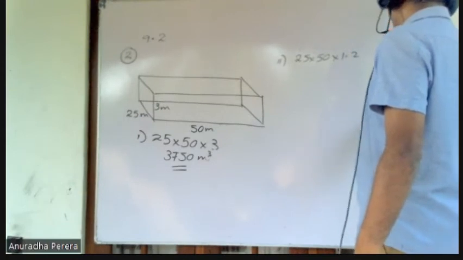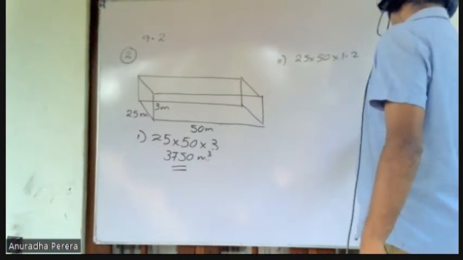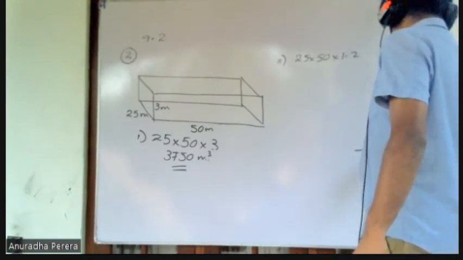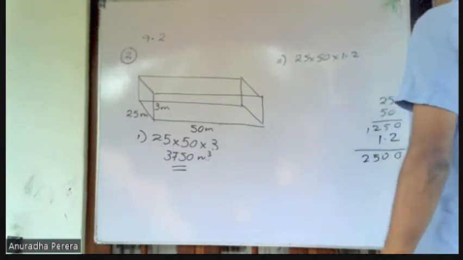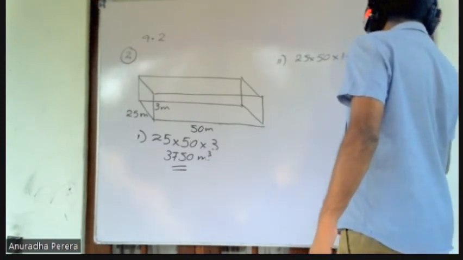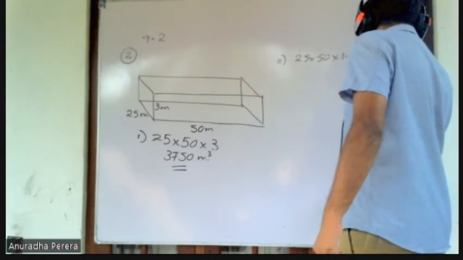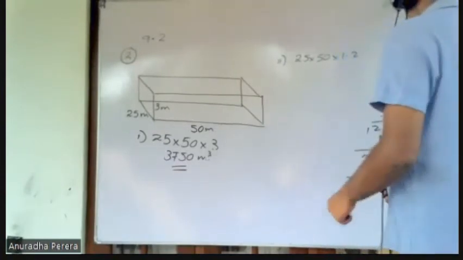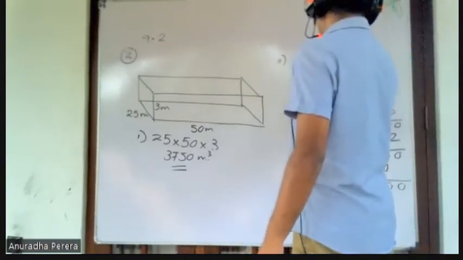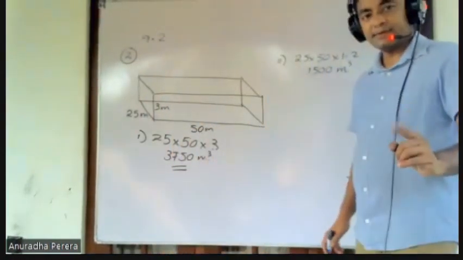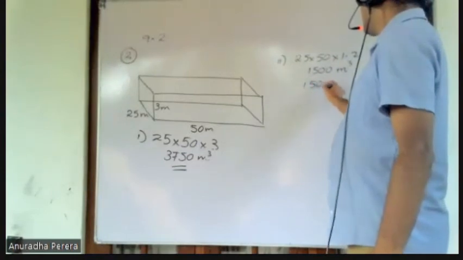The answer is 1,500 cubic meters, but we need the answer in liters. 1 cubic meter is equal to 1,000 liters. Multiply this one by 1,000.